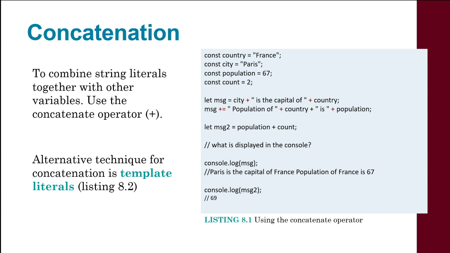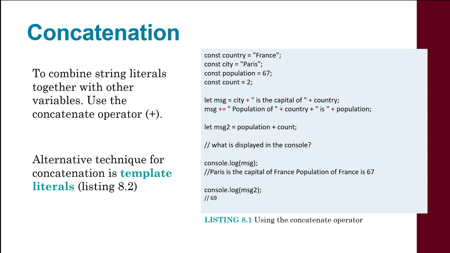Notice that they are not setting population to a string. Population is set to a number, but since JavaScript is dynamically typed, if you tell it to output that as a string, that's fine. So what you ultimately end up with, if you look down towards the bottom where it says console log message, is Paris is the capital of France, population of France is 67.